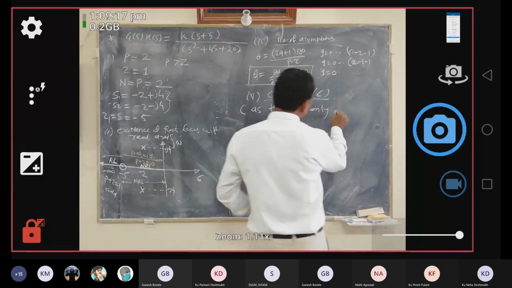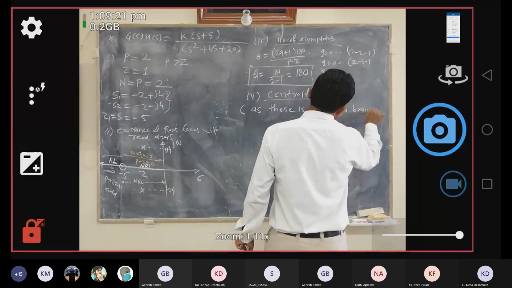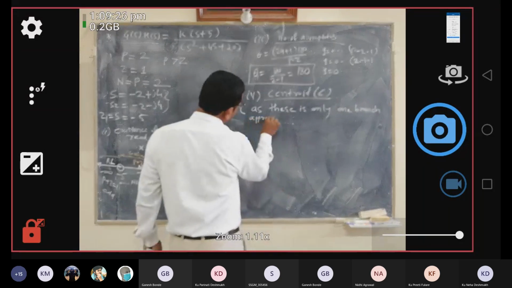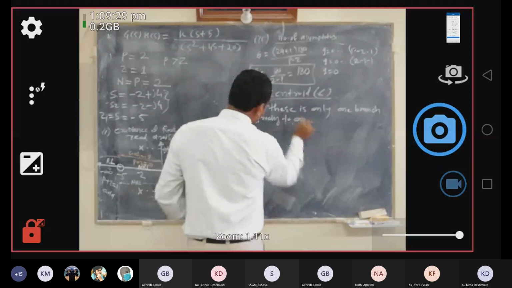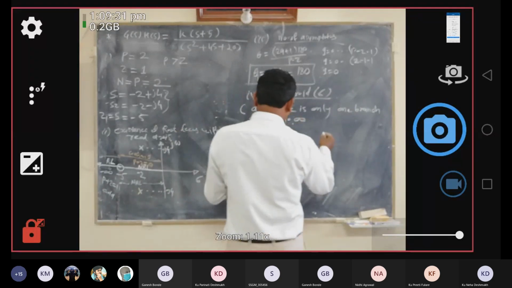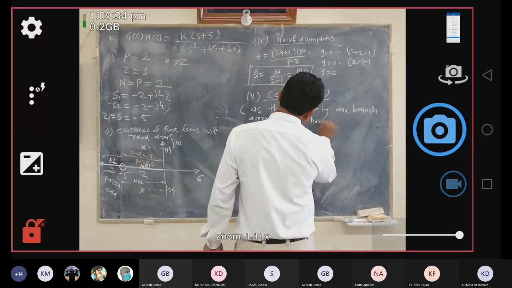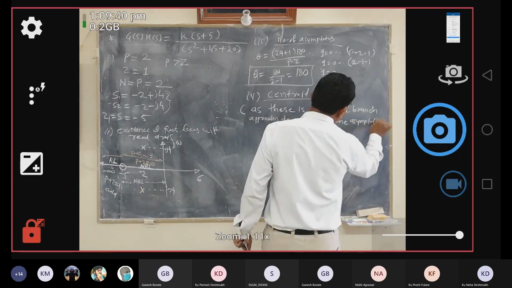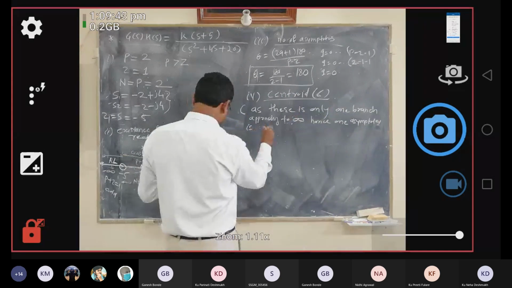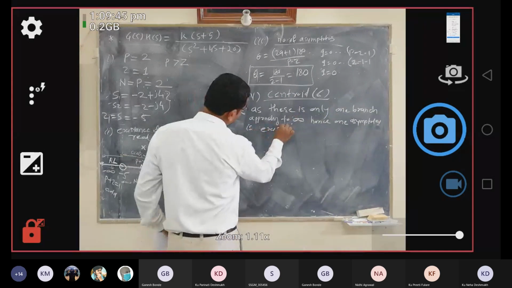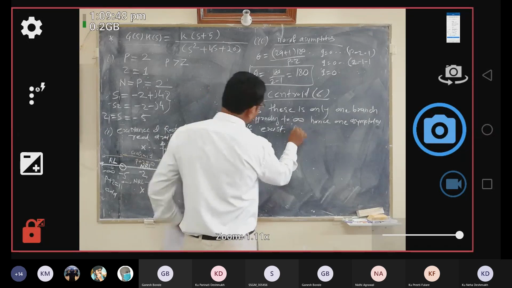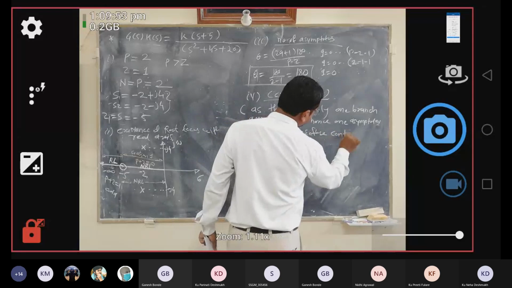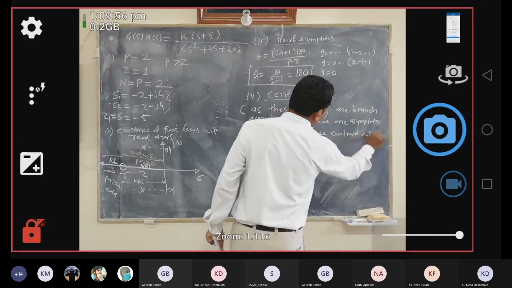We just write down the note: there is only one branch approaching infinity, hence one asymptote is present, therefore centroid not required.